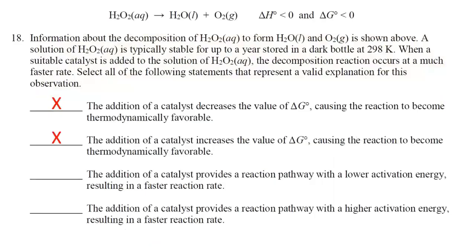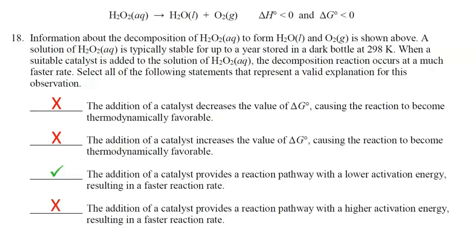So the addition of a catalyst has no effect on the delta G. The addition of a catalyst does not change the thermodynamic favorability or affect the value of delta G. But what it does provide is a lower activation energy through an alternate reaction pathway.